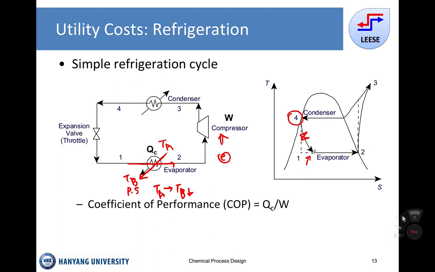Okay, so this part is the main element for the refrigeration. But in order to have the evaporation, we need compression. Compression is needed. This is the main cost for enabling refrigeration.